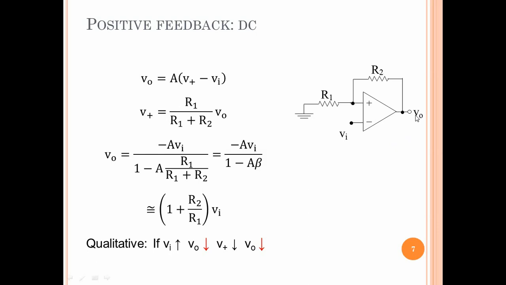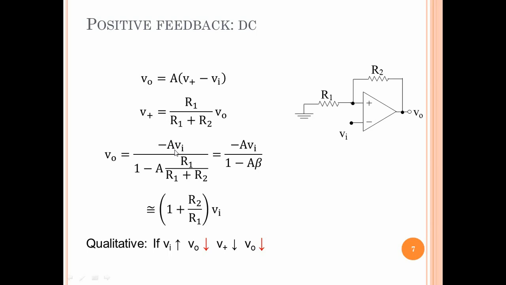This is positive feedback. If Vi increases, Vo decreases. V plus decreases, Vo decreases. If both the paths cause the output to change in the same direction, we say this is positive feedback. And as we'll very quickly see, when this happens, this relation is not correct. We'll see why. Okay, so what we'll do is now we'll do the transient analysis for this circuit.